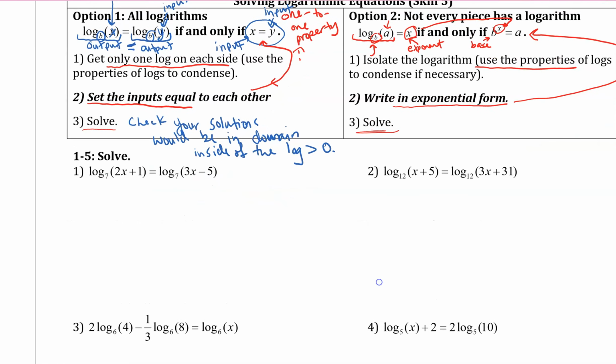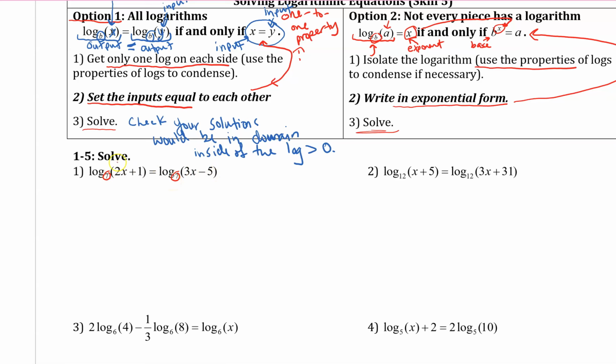So number 1 would definitely fall along the option 1 category because both pieces have a log. And actually this one's kind of already down to step 2 because I already only have one log on each side. I don't need to do any condensing. And I can see that the log has the same base. So this is telling me that two outputs are the same.